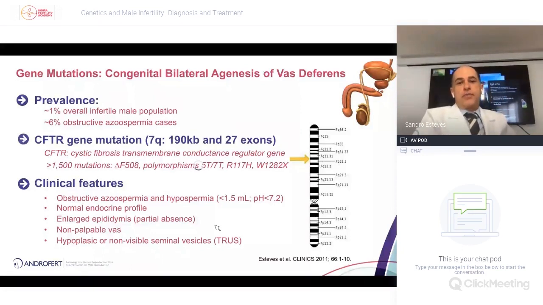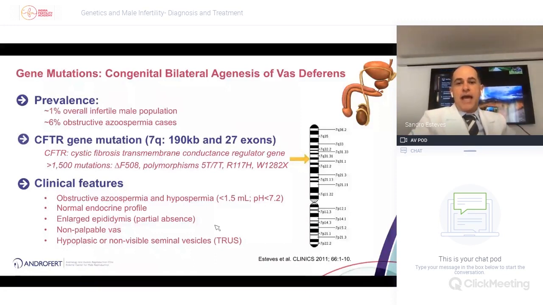The clinical features of this patient with CBAVD: they have obstructive azoospermia. So the problem is not sperm production, like in Klinefelter syndrome men. In CBAVD, sperm production is completely normal. The issue is how sperm is getting out, because the vas deferens are not there.